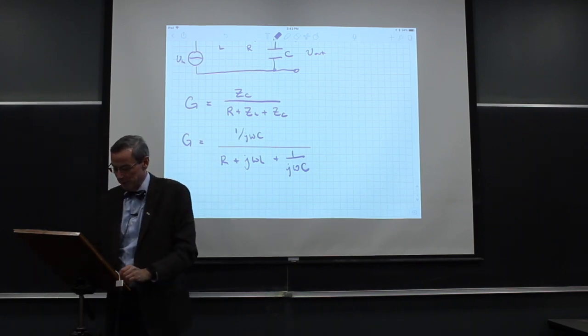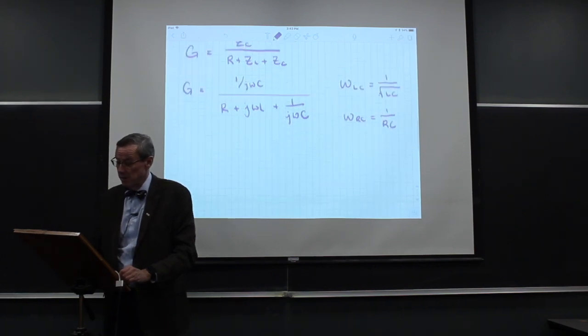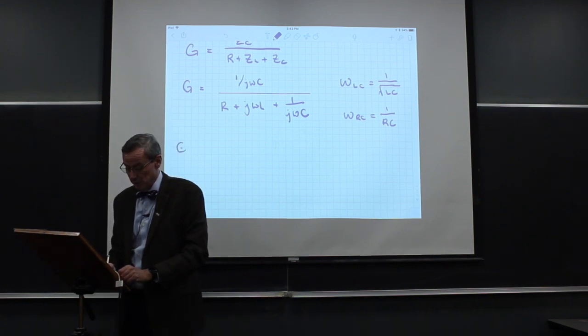Before I do that, I'm going to remind ourselves that omega LC is 1 over the square root of LC, like we defined above. And we recall from earlier that omega RC is 1 over RC. If we do that, then we can do some algebra. The gain is now a little bit more complicated.